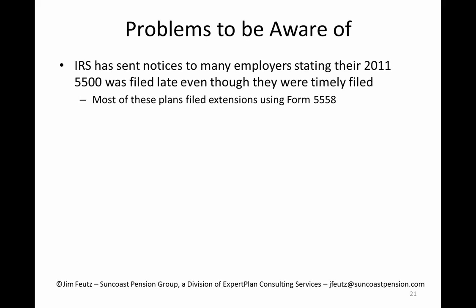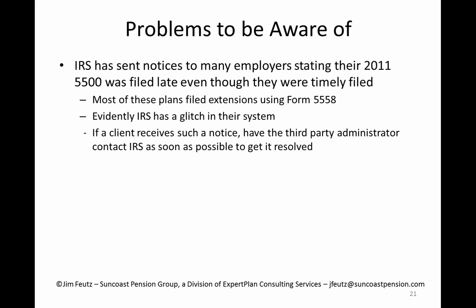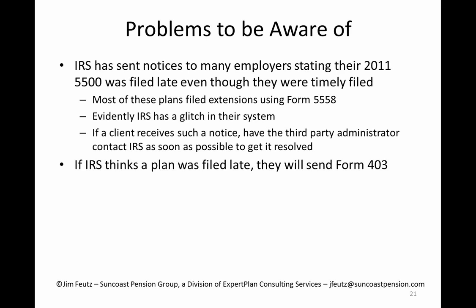Well, it turns out that evidently IRS has a glitch in their system, because the American Society of Pension Professionals and Actuaries is delving into this, and what they say is until the IRS fixes the glitch, if your client receives such a notice, they need to have their third-party administrator contact IRS as soon as possible to make sure to get it resolved.